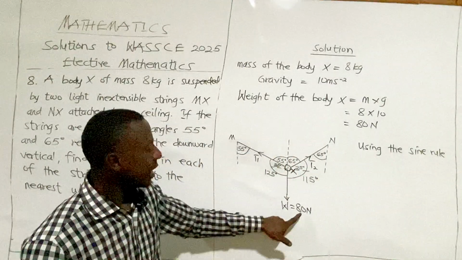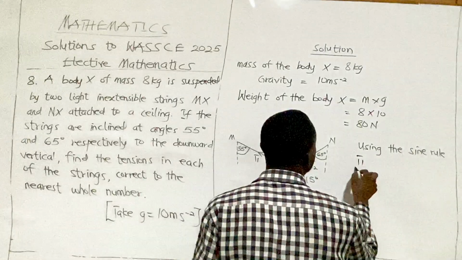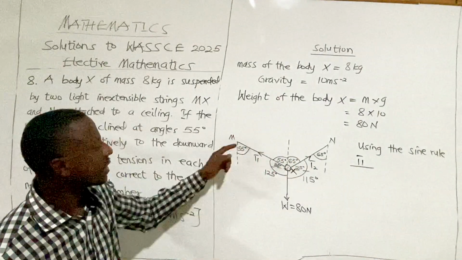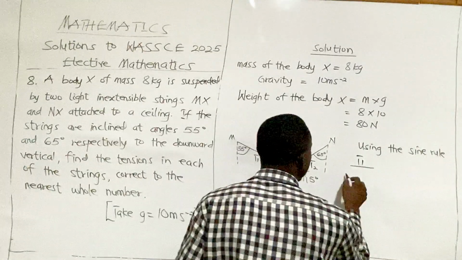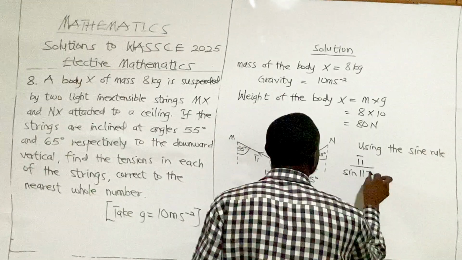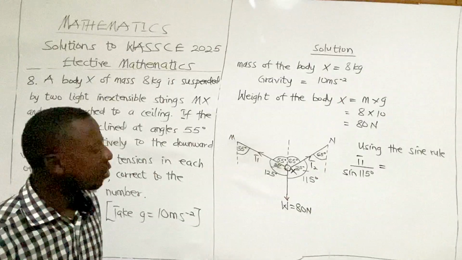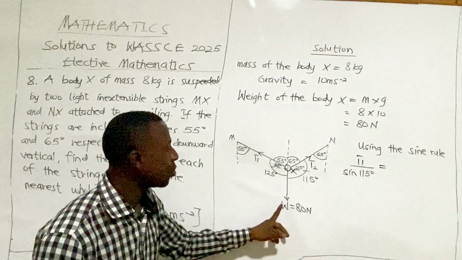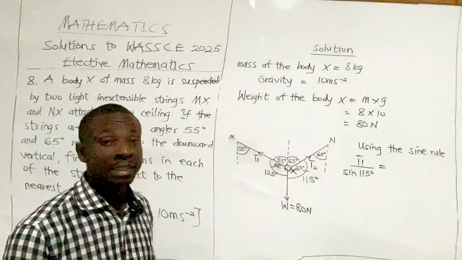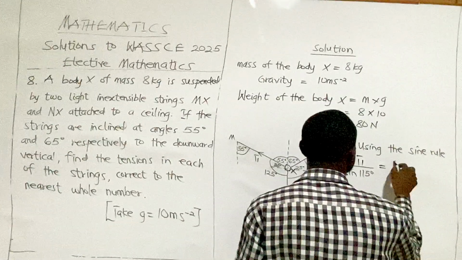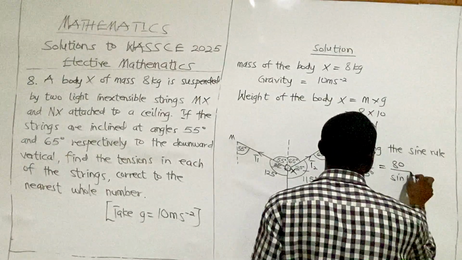T1 over sine 115 degrees, because T1 is facing the angle 115. It is equal to the weight, 80, which is facing these two angles. So 55 plus 65, we have 120. So 80 over sine 120 degrees.